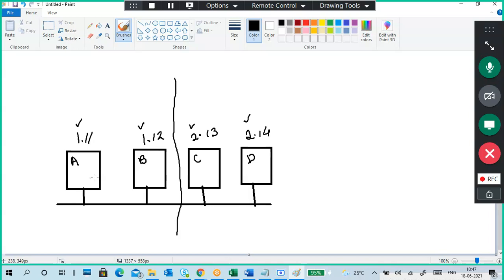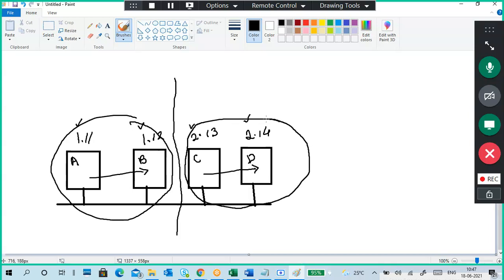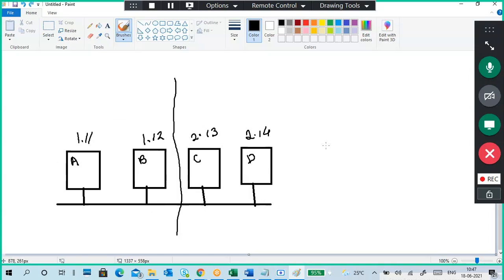So these two can communicate with each other. These two can communicate with each other, but these systems cannot communicate with each other because they are logically different networks. Got the point?